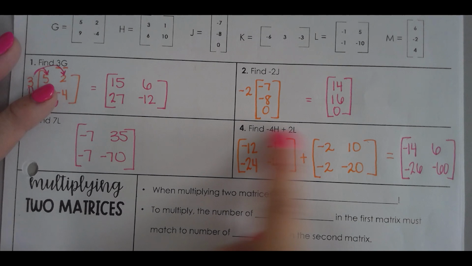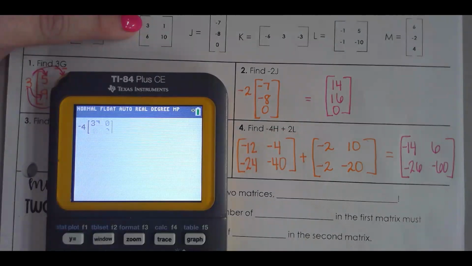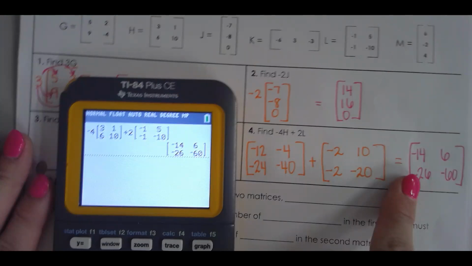Let's see. Negative 4, and then do alpha zoom. Two. Maybe the calculator is faster.